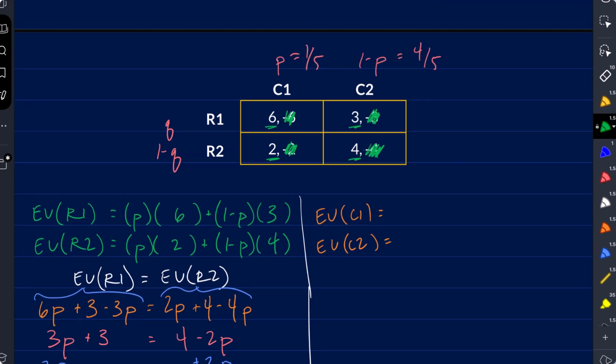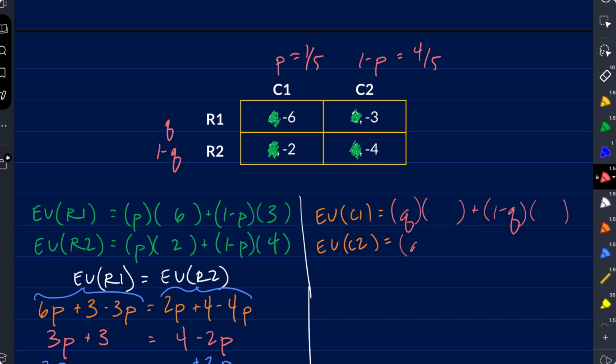Now, for C1 and C2, the expected utility of C1 is going to be Q times something plus 1 minus Q times something.